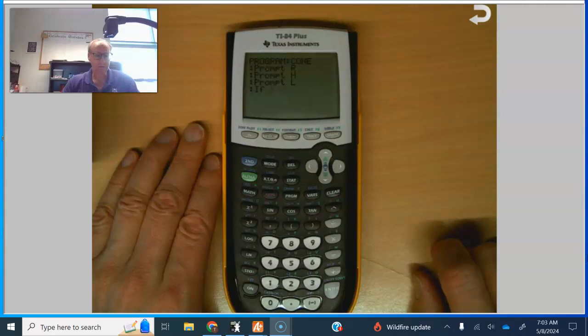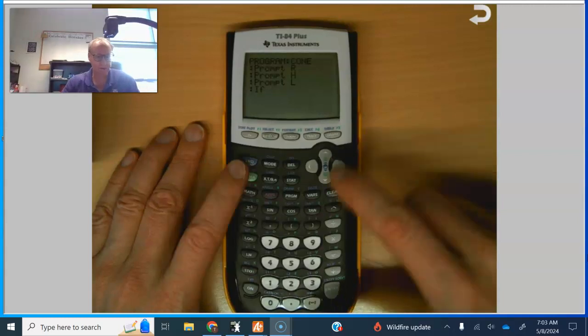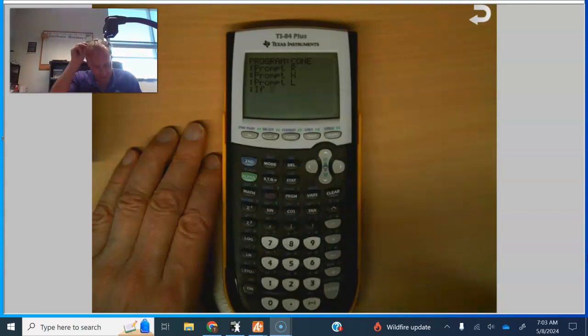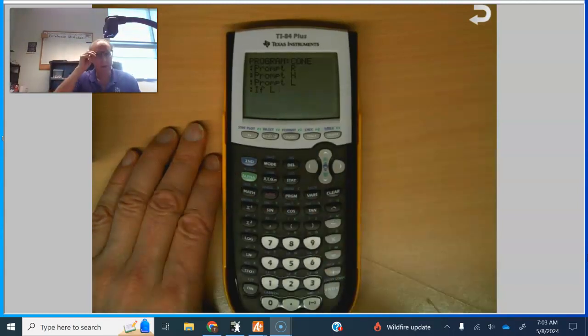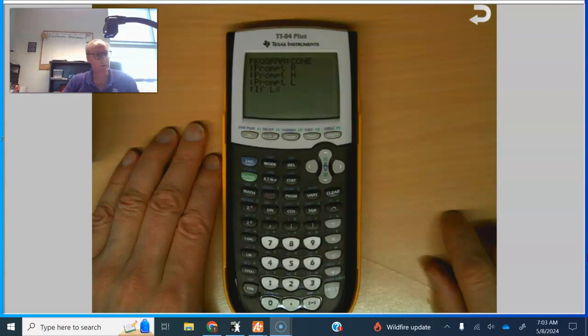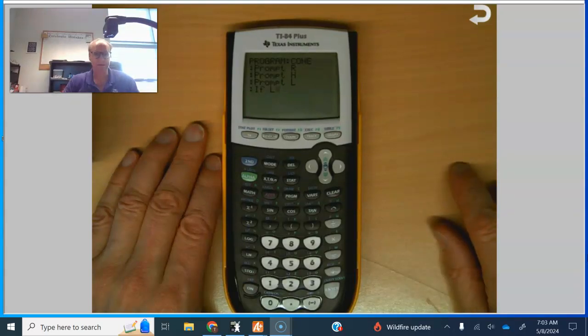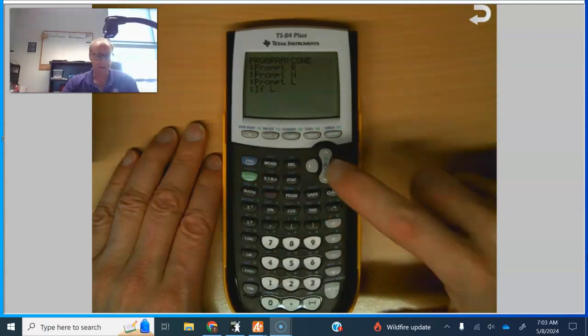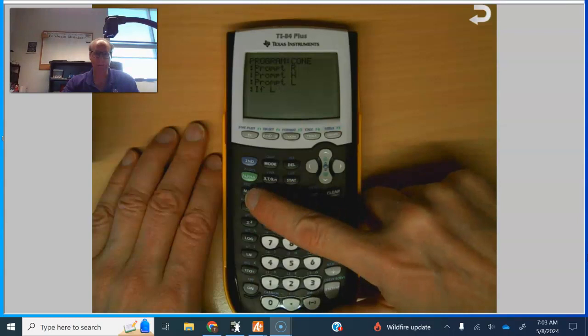Now, if L is equal to 0, in other words, I entered 0 for L because it was missing, so alpha L. Now, to get the equals, we're going to have to go to test, which is second math. Second is the blue key, and math has a test up above it.